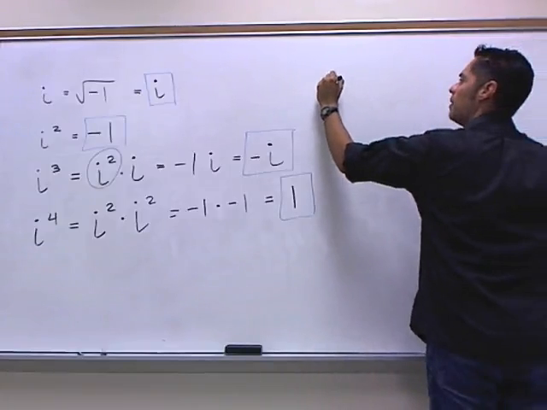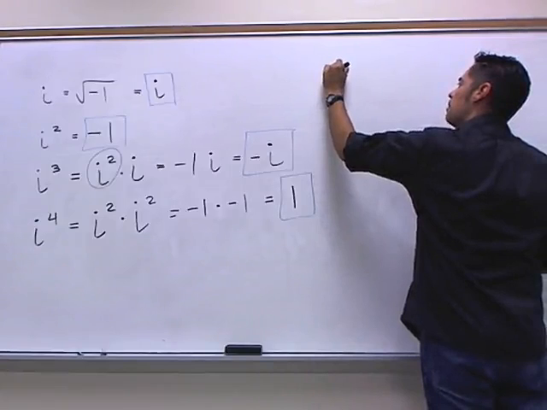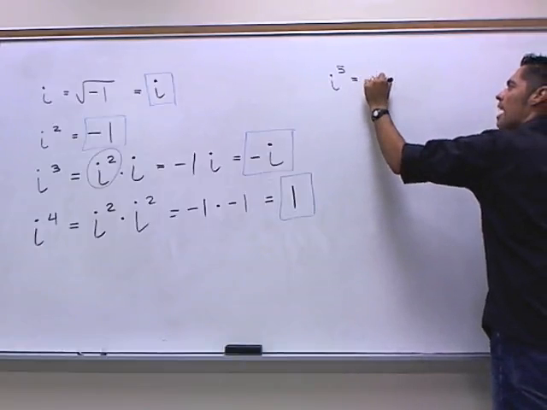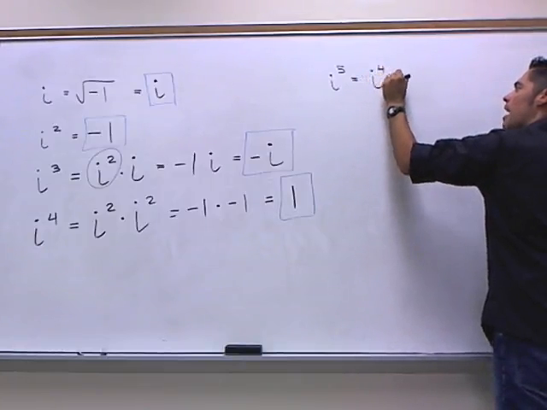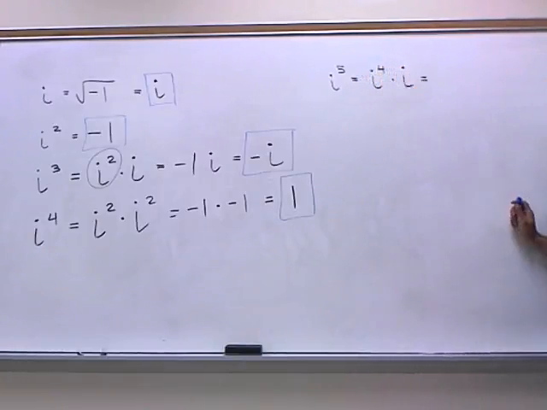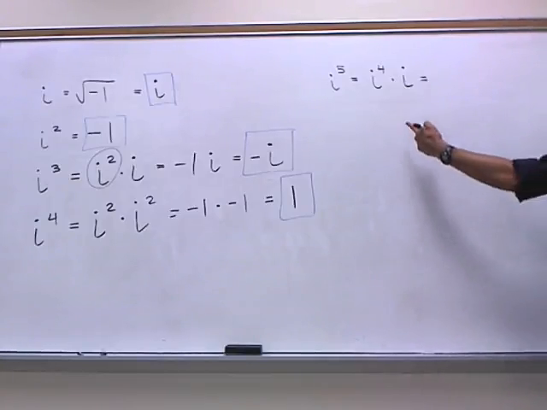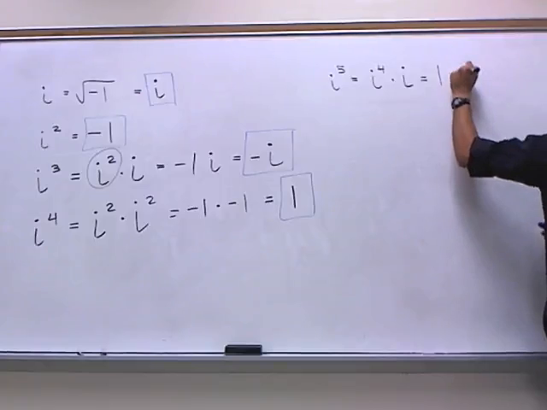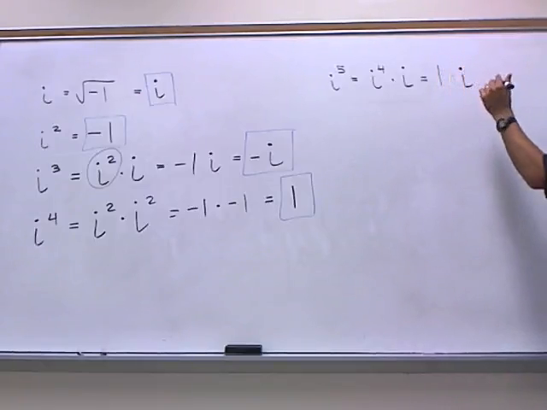Now, right here, I'm going to write i to the 5th power. Isn't i to the 5th i to the 4th times i? Still agree or not? Okay. What's i to the 4th? 1. What's 1 times i? Just i.